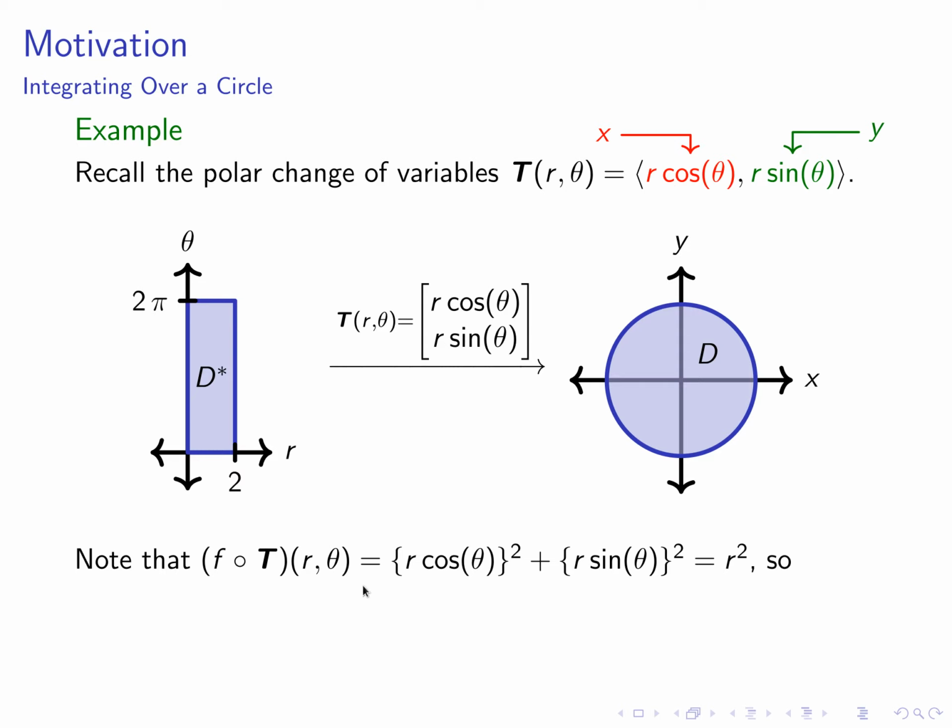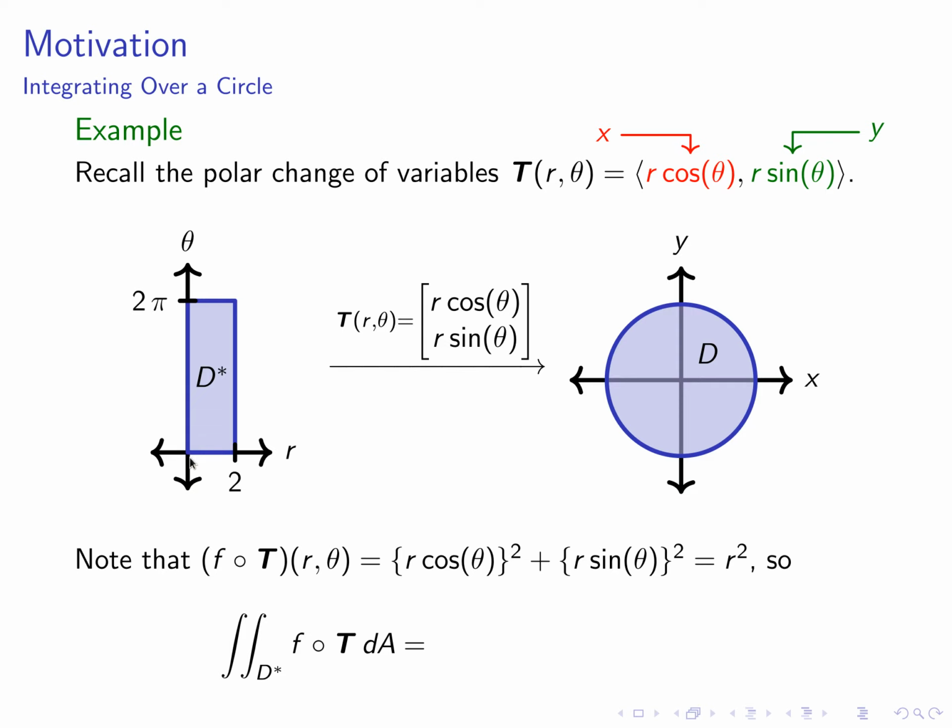We've seen before that with these substitutions, x squared plus y squared is equal to r squared. So we can set up our new integral, which is the integral of the composition of f with the change of variables function. And we're now integrating over D star, which in r theta space is the iterated integral where the bounds are all constant.